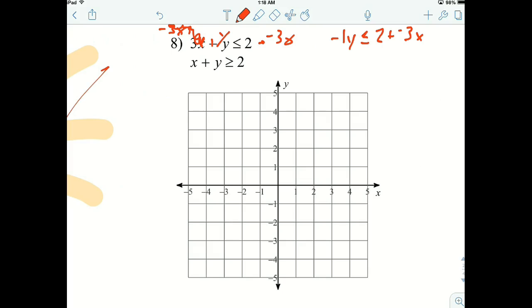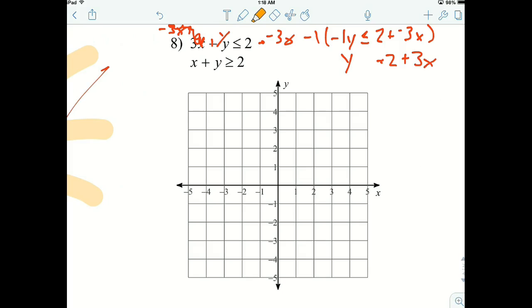Multiplying is a little easier for me, so I'm going to multiply everything by negative 1. As I go through each term, negative 1 times negative 1 is just 1, so 1y. On the other side of the inequality, 2 times negative 1 is negative 2. And then we have a negative 3x, which becomes a positive 3x.